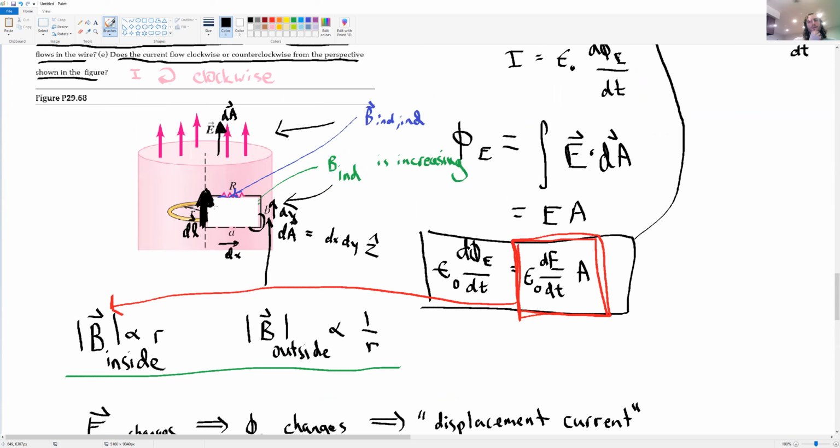Although the validity of that explanation maybe doesn't hold up if you have an infinitely thin wire, right? If you have an infinitely thin wire, then there's no cross-sectional area in that wire to give you a time-changing flux. So you really do need the concept of that cylinder there. Or the Amperian loop there is fine too.